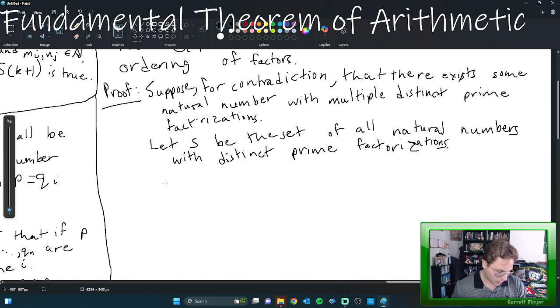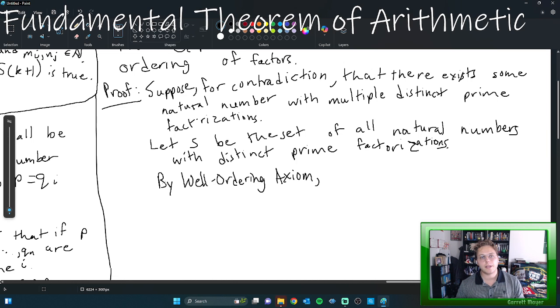Okay. So by the well-ordering axiom, or the well-ordering principle, and if you remember this from before, that's basically saying if we have a set of natural numbers, there must be one that's the lowest. So by the well-ordering axiom, S has some smallest element.